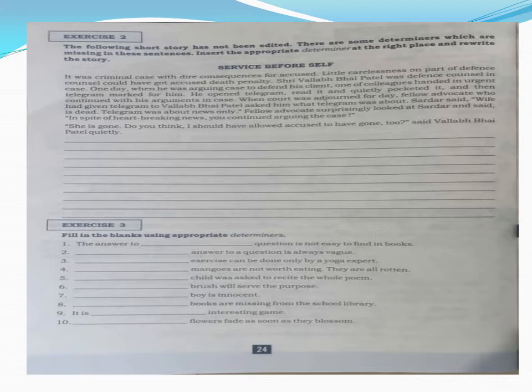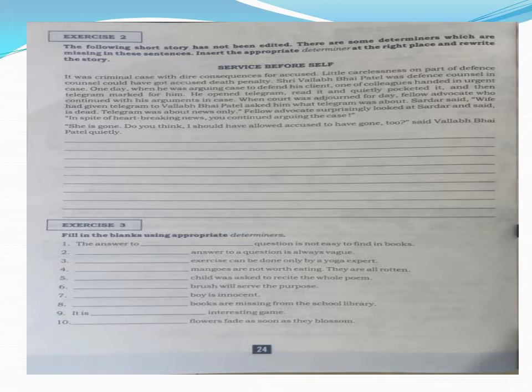Okay, now see exercise number 3. Here in this exercise number 3 we have to fill the blanks with determiners. Fill in the blanks using appropriate determiners. So the first sentence: The answer to that question is not easy to find in books.